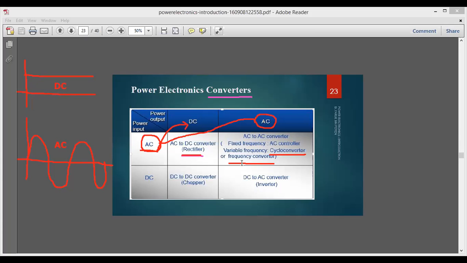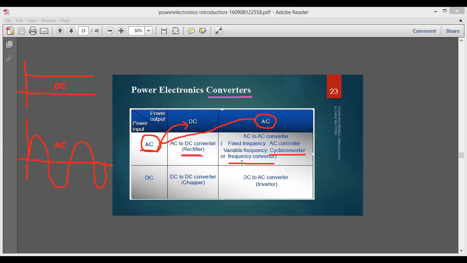The cycloconverter is used as the frequency converter, where there is a variable frequency or a change in the frequency from input to output. Simply, we can call it an AC controller.